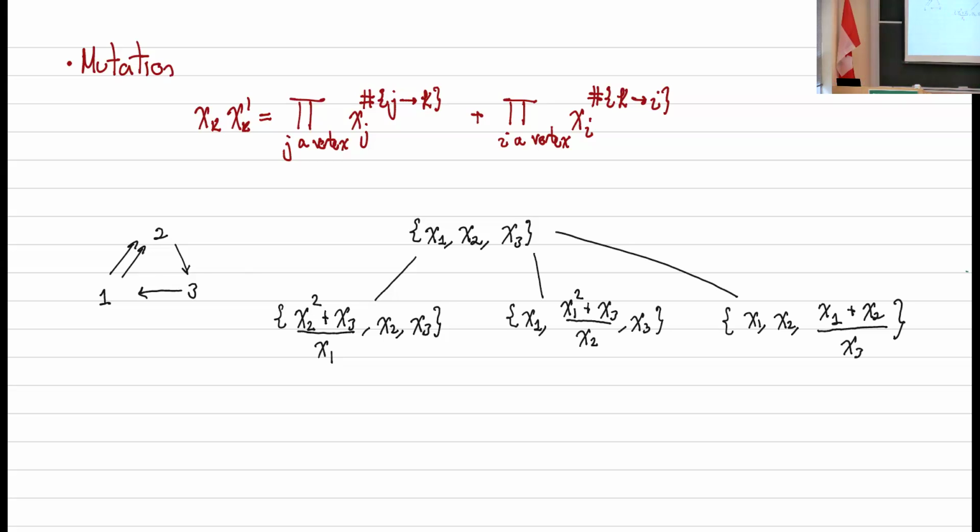And if you want to form all the clusters, you have to keep mutating, and this is where the definition gets a bit more complicated, because once you mutate, you also have to update the quiver. If you mutate once, the quiver that is going to work for this cluster is not the same as this quiver.